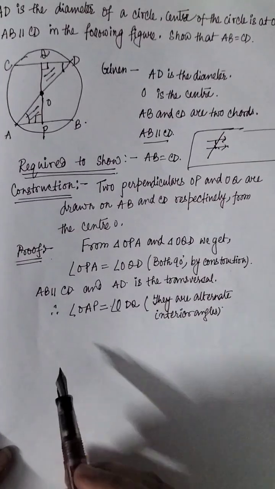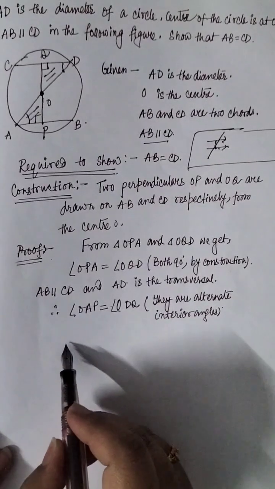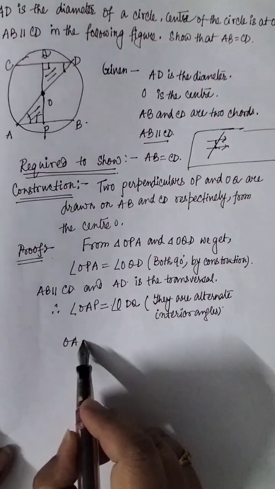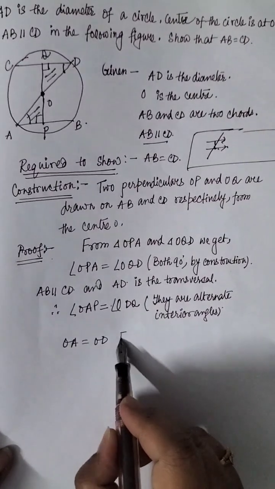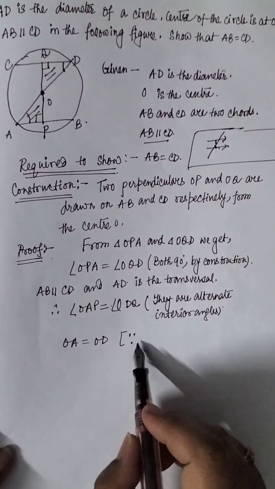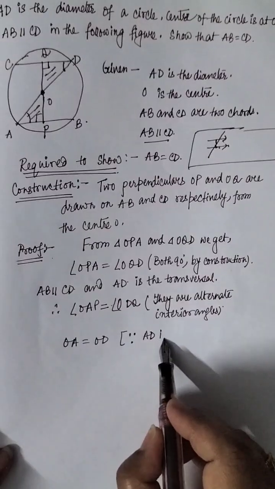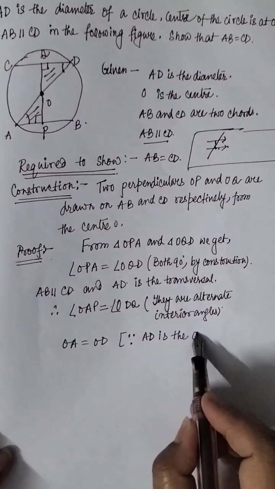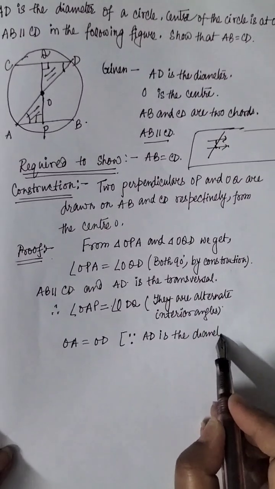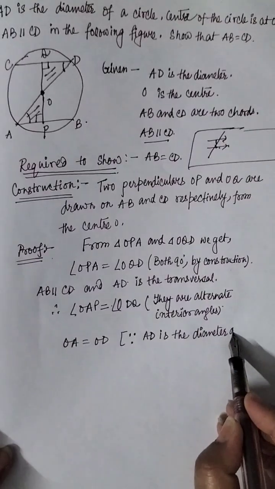Got it? Thirdly, OA equals to OD. Why? Because AD is the diameter and O is the center.